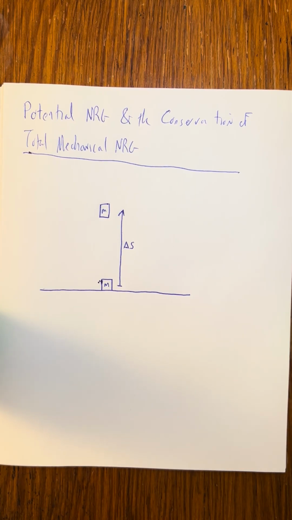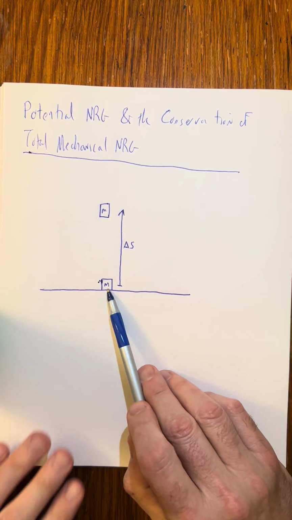If we were to drop that, it would hurt if it hit you. So we know that it has the potential to affect the environment, i.e. it has potential energy, the capacity to affect the environment because of its location. Okay. A little long-winded here, but the words matter, so I'm probably going to say them over and over again.